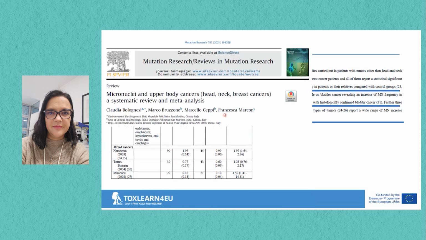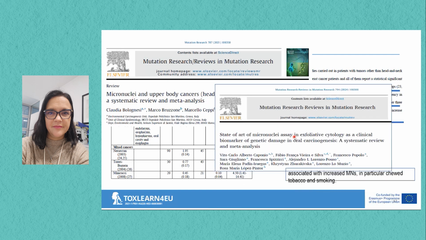And in 2021, there was another new review made that has explained how buccal micronucleus can be used to check the risk of upper body cancers, as we said, head, neck, and breast cancers. And you can check also this article if you want to learn more details.